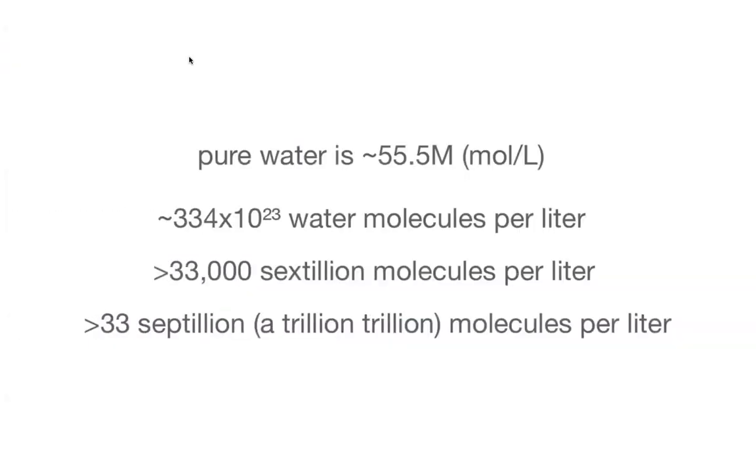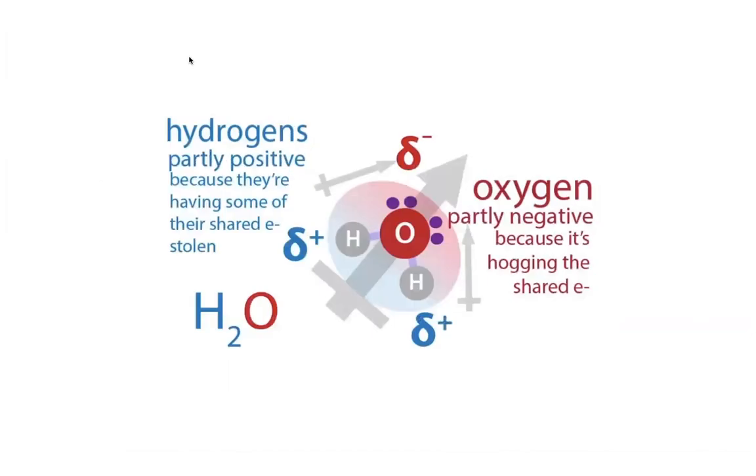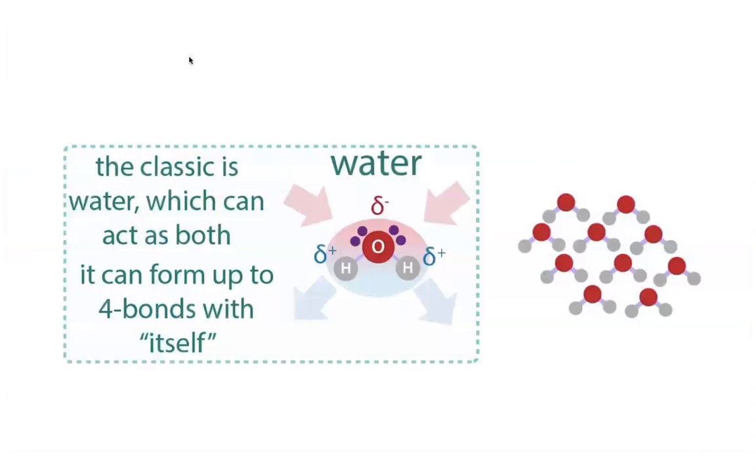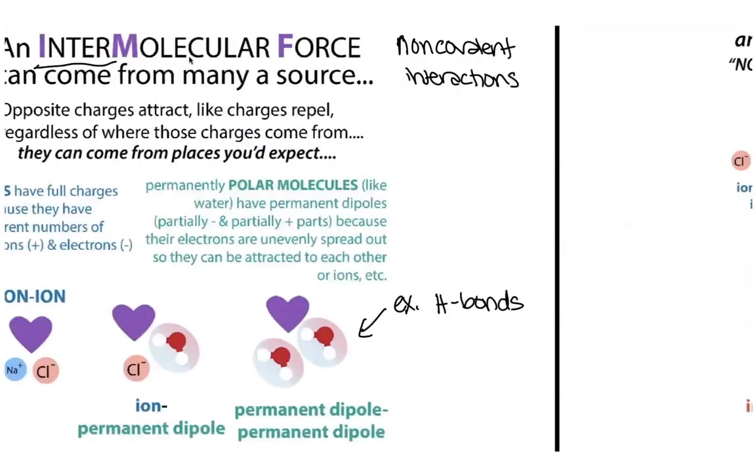Know that we have a lot of water, that this water is highly polar, that this allows it to form all sorts of partial charge attractions. It has a permanent dipole, so it can form ion, permanent dipole, induced dipole, all of those good things we can form with these water molecules.